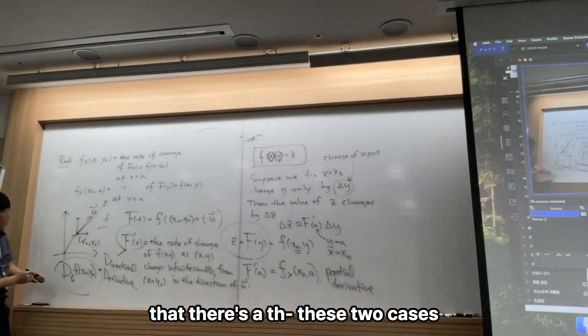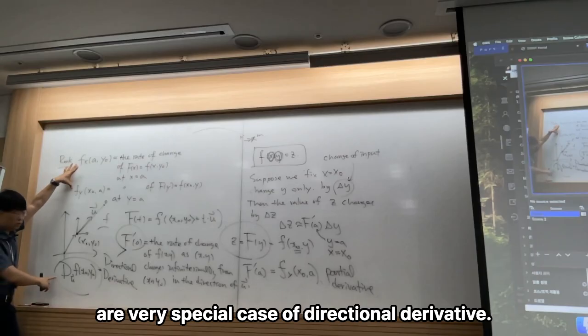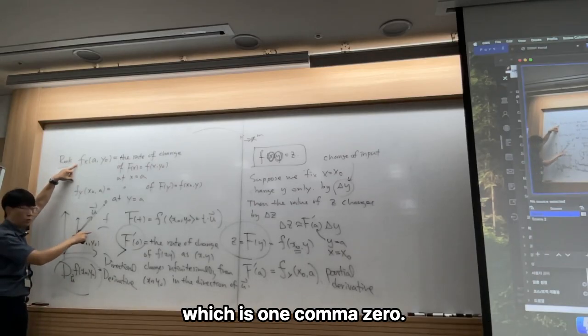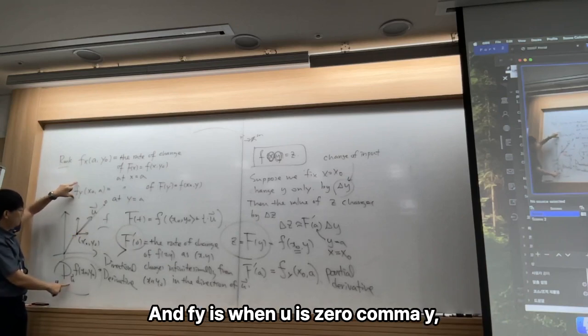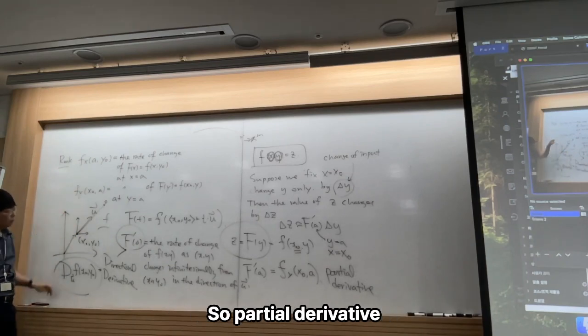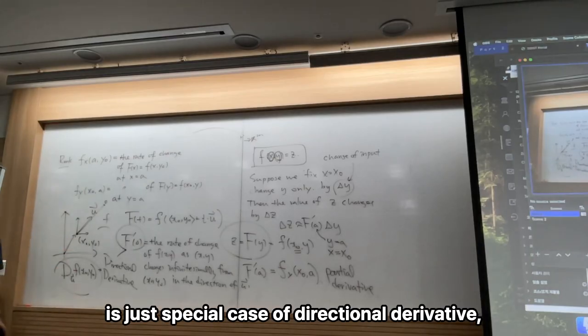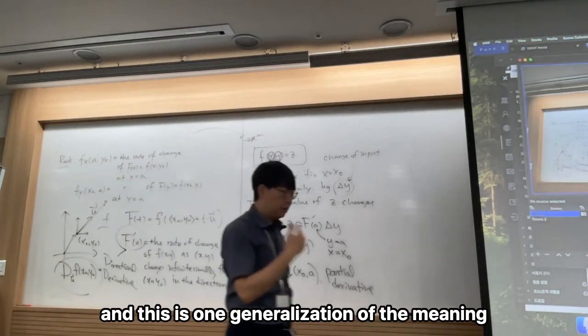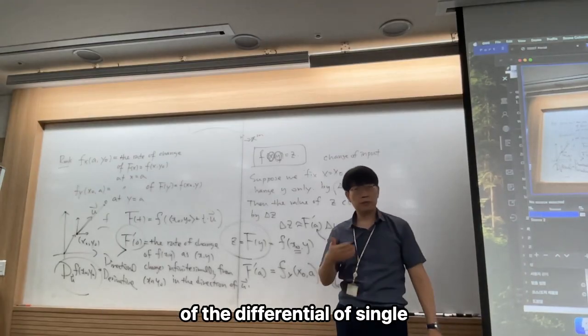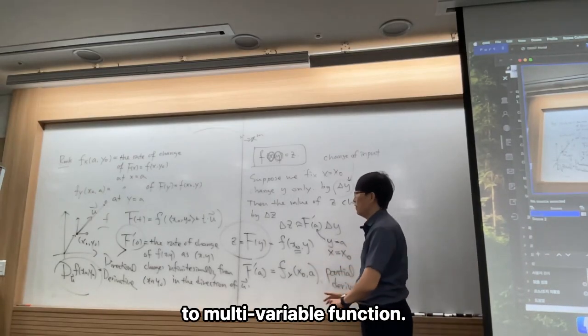So you can see that these two cases are very special cases of directional derivative. f_x is when u is the horizontal vector, which is (1, 0), and f_y is when u is (0, 1), which is the vertical vector. So partial derivative is just a special case of directional derivative. And this is one generalization of the meaning of the differential of a single variable function to a multivariable function.